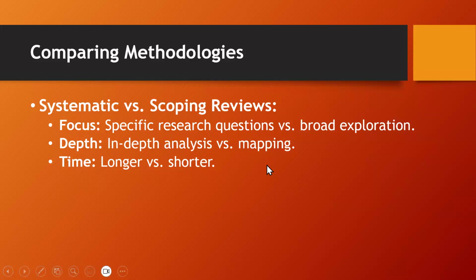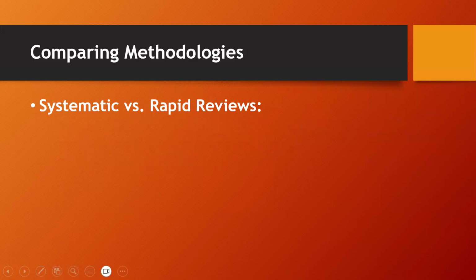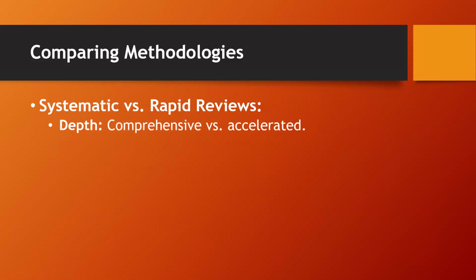So I hope I am able to answer your question. Most of the participants were asking what is the difference between the systematic review and the scoping review. So now I will discuss the systematic review versus the rapid review. Again, systematic review is comprehensive and rapid review is fast.